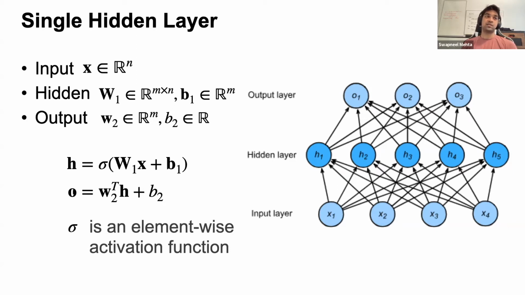Then you multiply it by another matrix of weights and add another bias in order to obtain the output. So input, prediction, multiply, prediction, output.